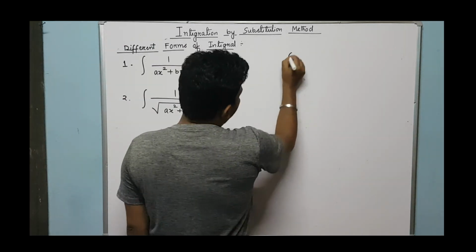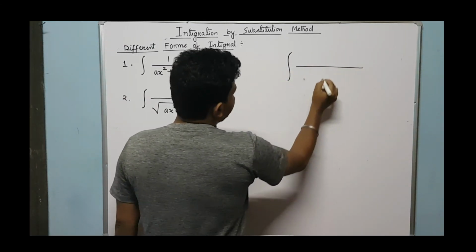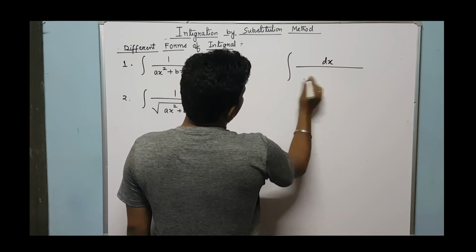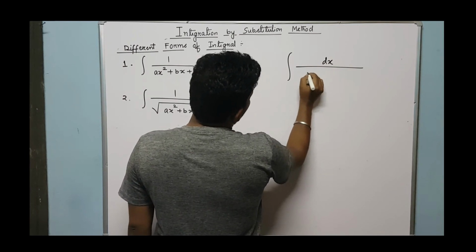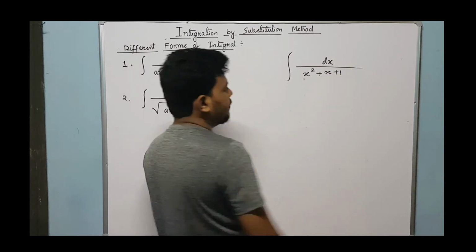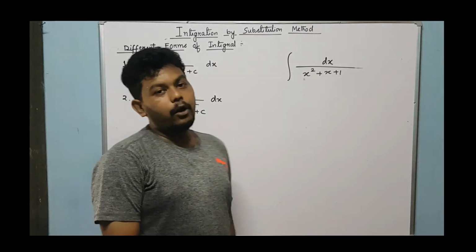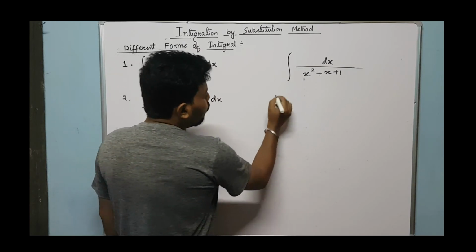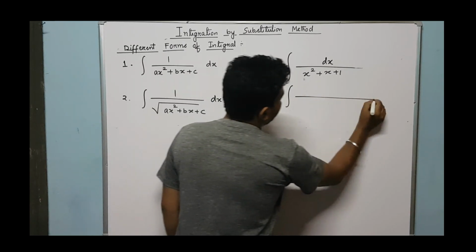For example, if you are given an equation of this form, x square plus x plus 1. See, this is a quadratic expression. Now how to integrate this? We will try to make a perfect square.